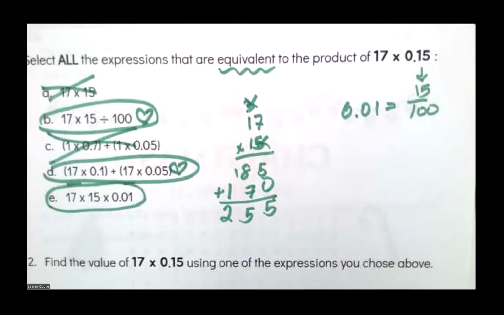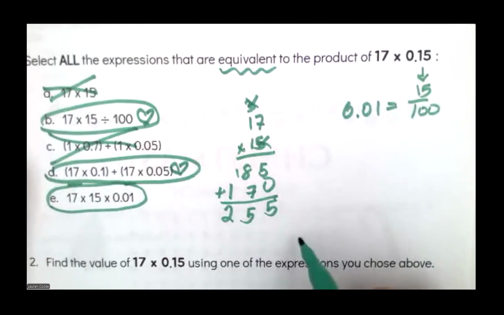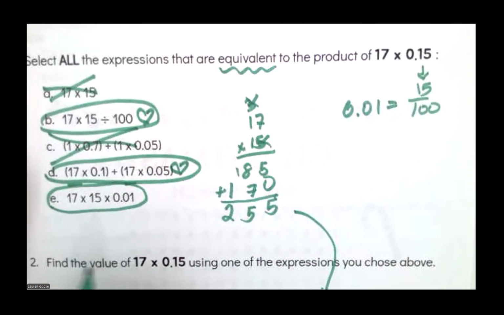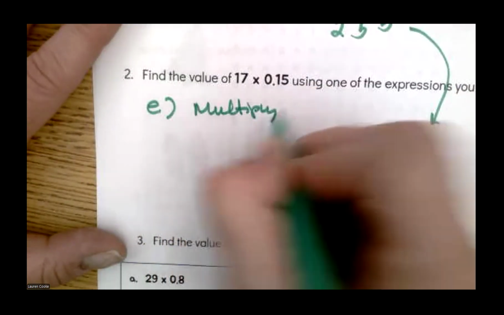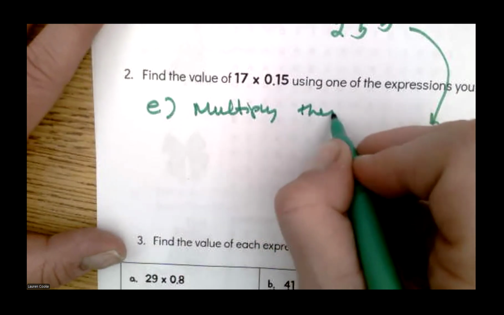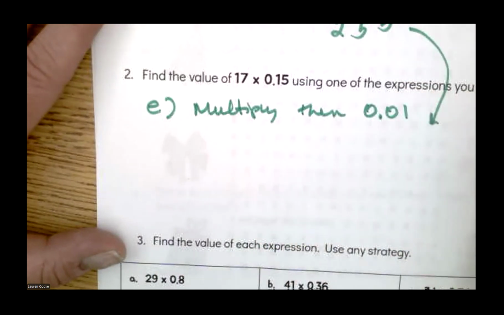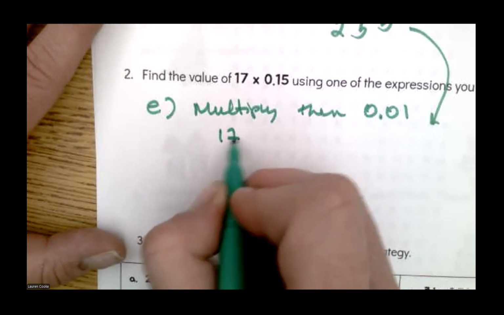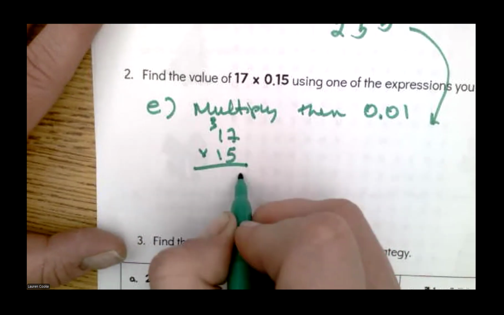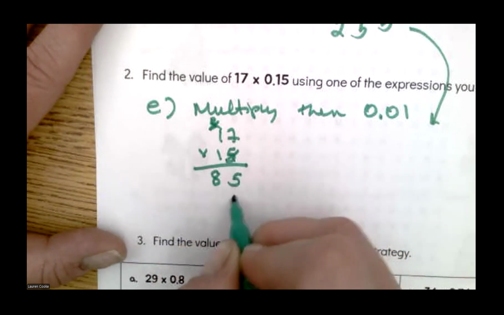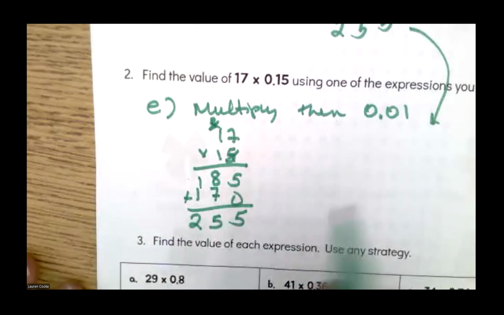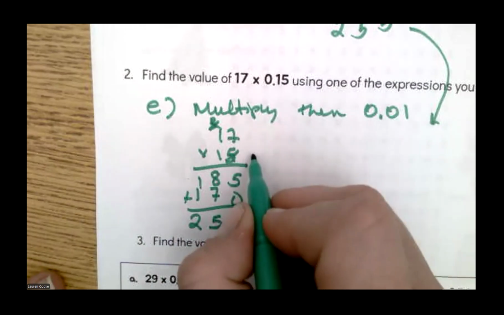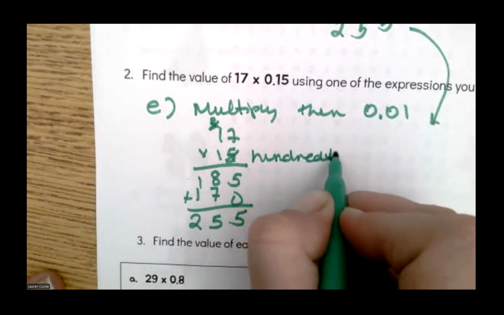Sometimes you just have to solve it out. Okay, look at that. Here I did that. I'm going to use E. And E causes me to multiply by the hundredths place. So I know 17 times 15 is 255, but then I go back and remind myself that this was in the hundredths place.